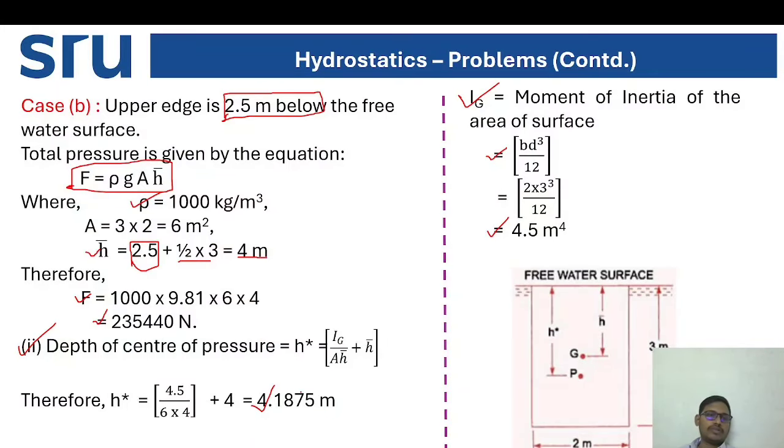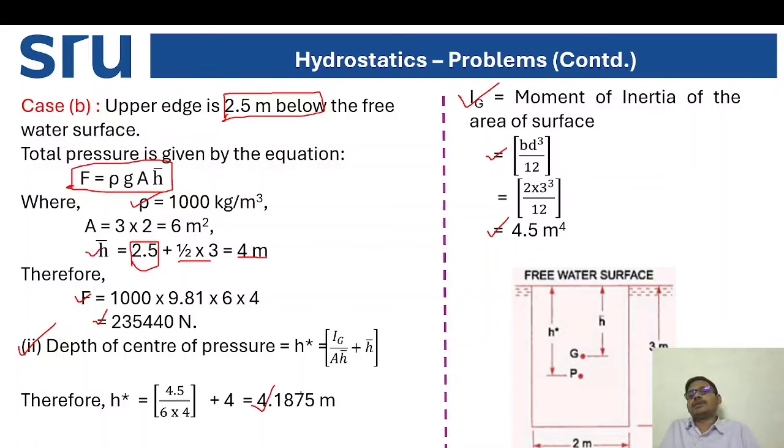Next we have gone to a depth 2.5 meters below, that is force is equal to rho g A into H bar, where rho is equal to 1000 kg per meter cube, A is equal to 3 into 2, 6, and H bar is equal to 2.5 depth plus 1 by 2 into d, that is 3, that is equal to 4 meters. So force is equal to 1000 into 9.81 into 6 into 4, that is equal to 235,440 newtons.